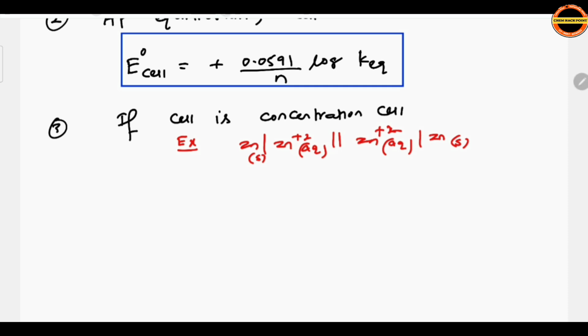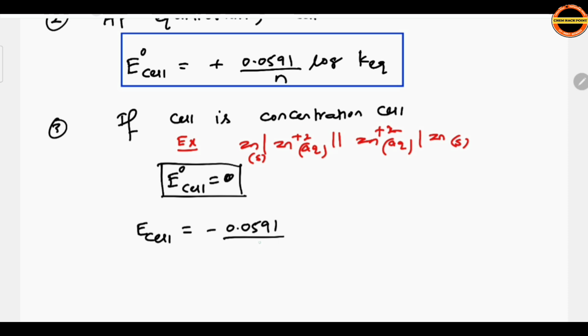For such cells, E naught cell is 0. As both are the same, if you reverse the reaction, overall E naught cell becomes 0. Standard potential becomes 0. So the overall net modified equation is like this: E cell is equal to minus 0.0591 by n log Q. For this equation, how can you write log Q?